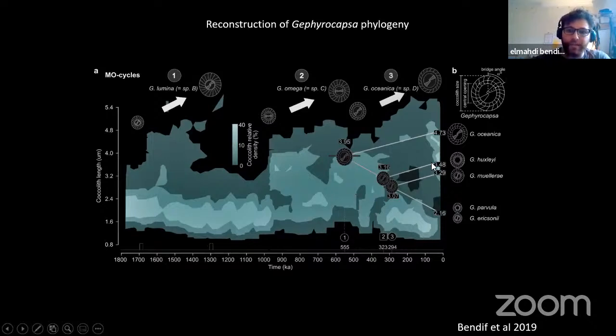If we integrate that phylogenetic tree on the fossil record, then things are making more sense.